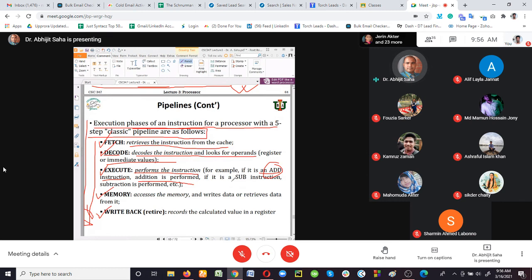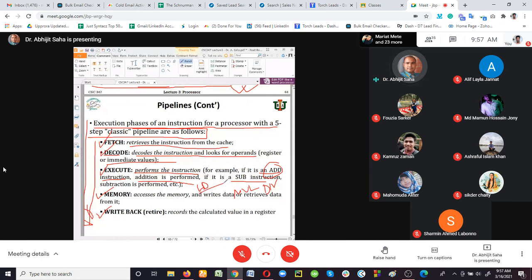If it receives sub as an opcode, it understands the CPU has to do a subtraction job. If it's MUL, it is a multiplication job. If it's DIV, it is a division job. If it is LDR, that means it is a load.